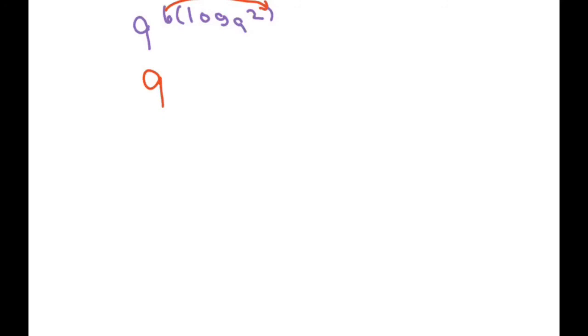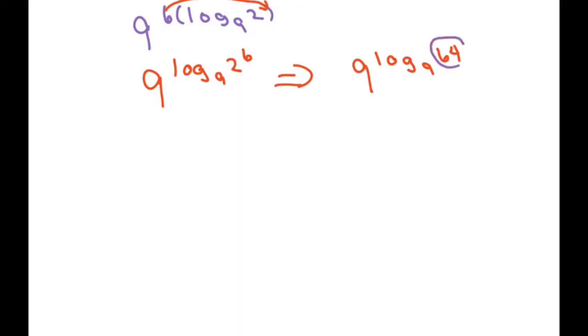So I have 9 to the log base 9 of 2 to the 6th, which equals 9 to the log base 9 of 64. So now if you know your inverse properties, you know that that is 64, and that's your answer, but I'm going to show you why.